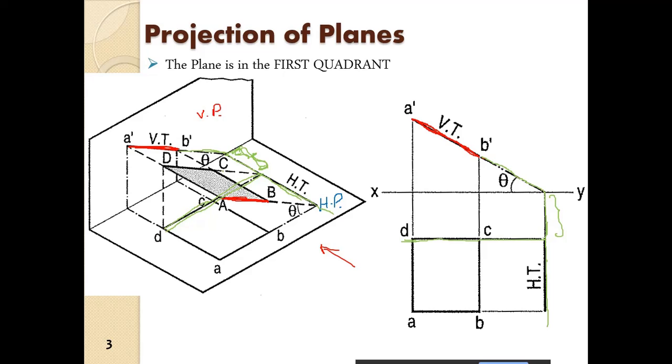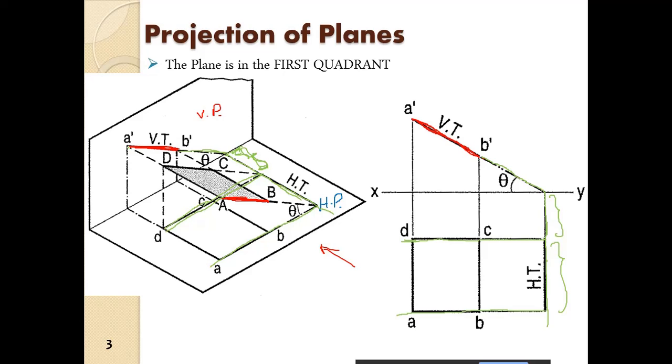Then the dimension of the edge CD will be given, CB will be given. At that particular length, we again draw this projector here.